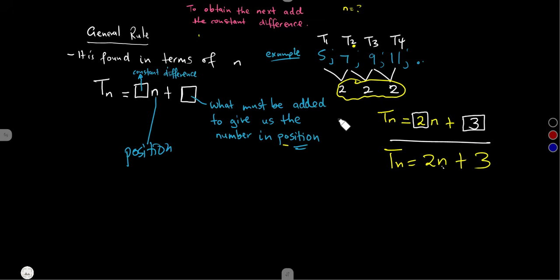There's a constant difference of 2, remember. So from that term to another one, we add. We start with 5, add 2 to get a 7. Add 2 to get this. This is what was happening here. This is having it in words.